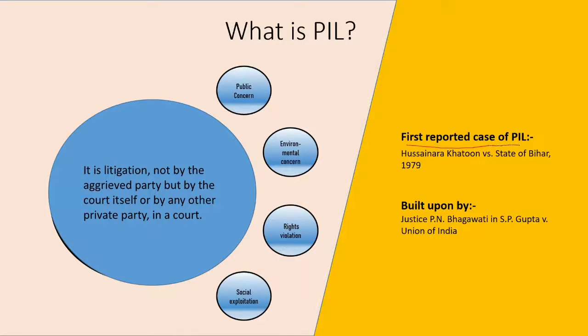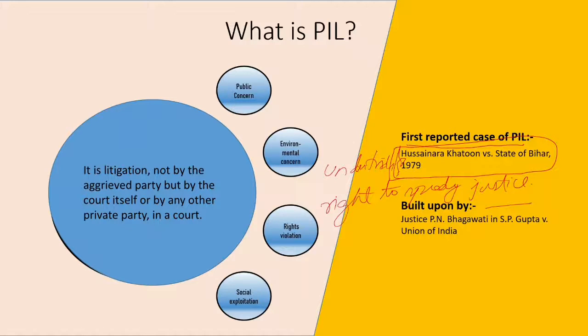So the first reported case of PIL is Hussainara Khatoon versus State of Bihar in 1979. So this was the case I was talking about, where undertrials got relief and the Supreme Court stated that the right to speedy justice is a right available to the people.